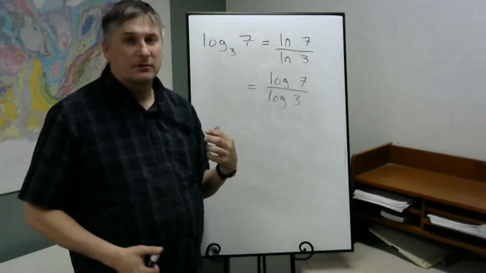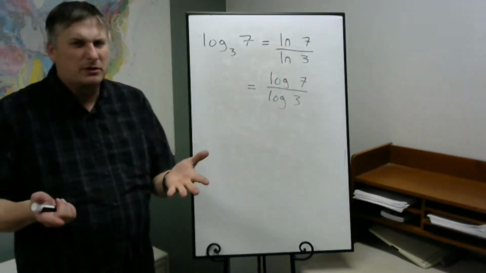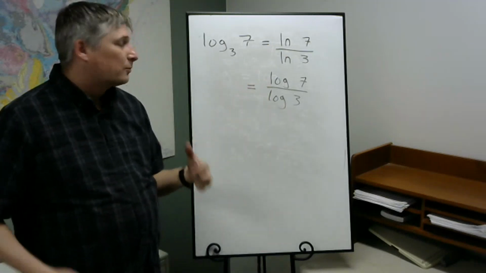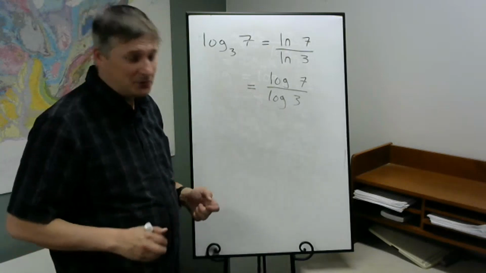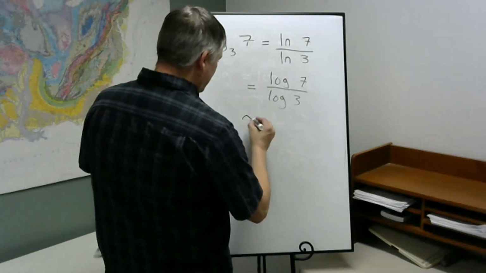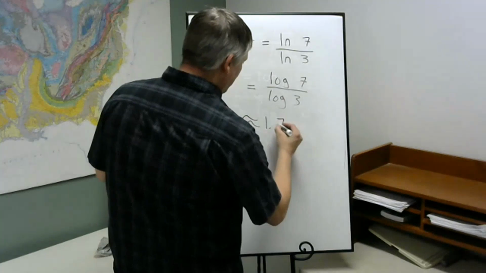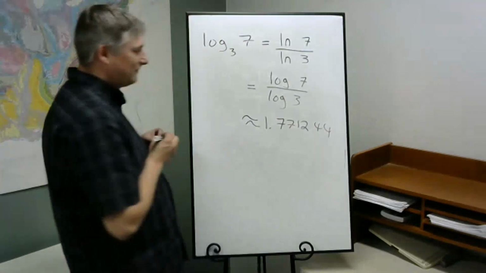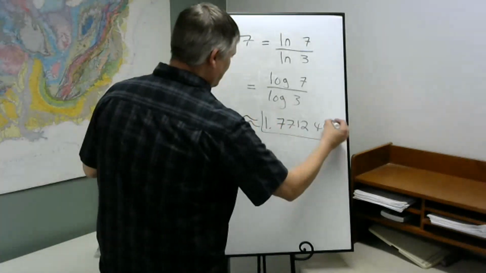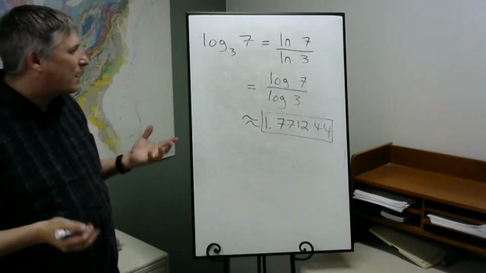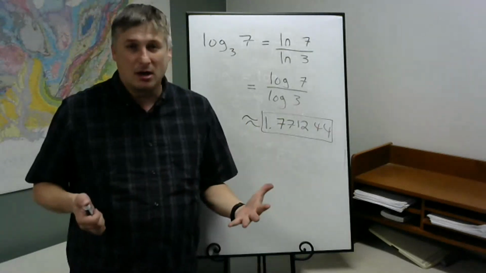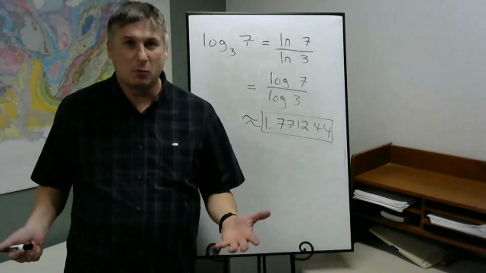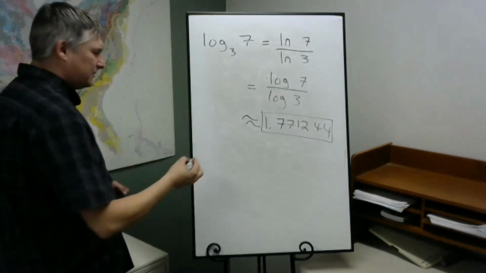Now, even though we're using two different logs, log base E, and I'll go into what E actually is, it's a number kind of like pi, or log base 10, regardless of which logarithm we use, we're going to get the same answer. And for us, it's going to be approximately 1.771244. So that property lets us use our limited logs on our calculator to come up with logarithms for really any base we want.